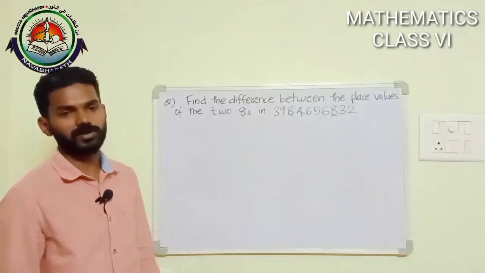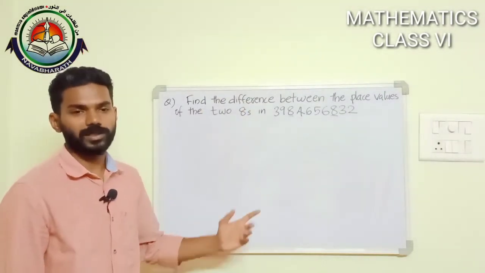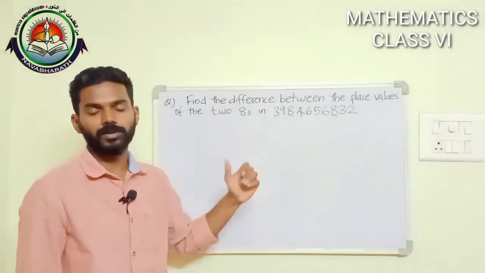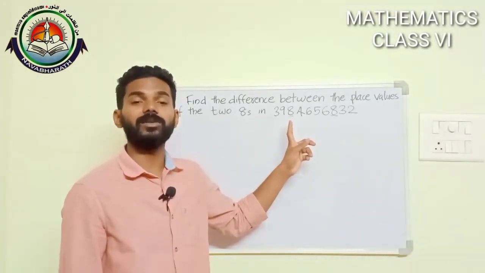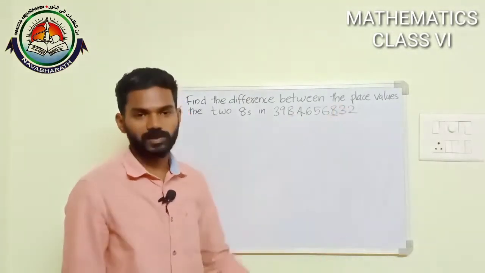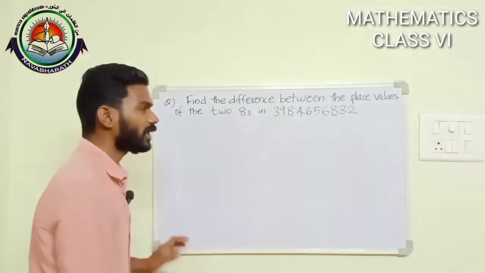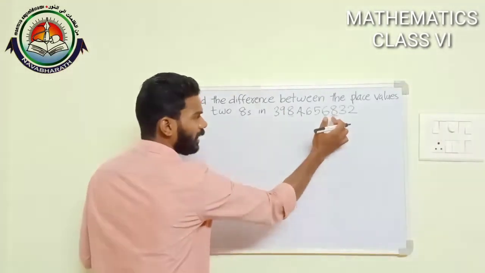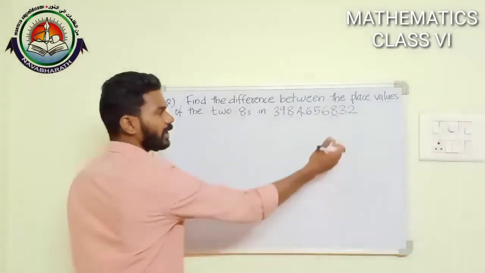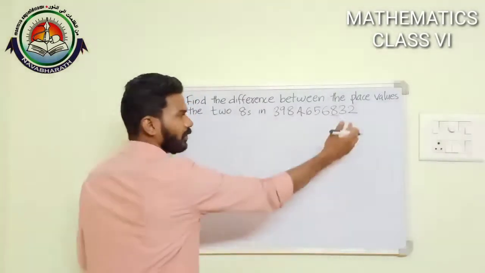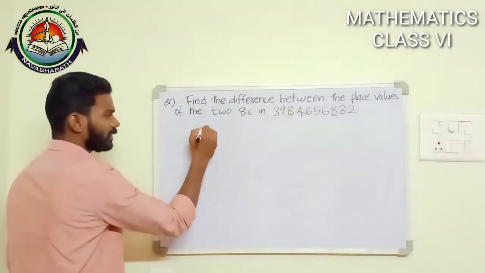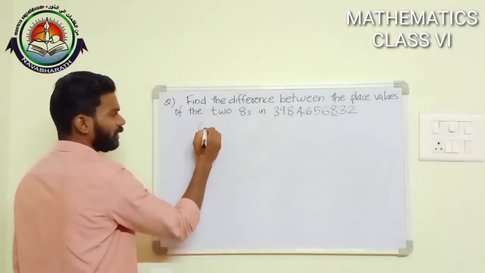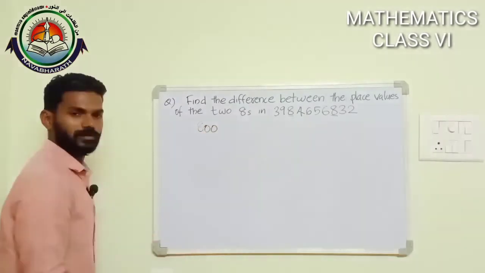This is the question. So, first of all, we want to consider the place values of the two 8s. You can see that this 8 is at the hundreds position. Ones, tens, hundreds. Clear? So this can be written as 800.